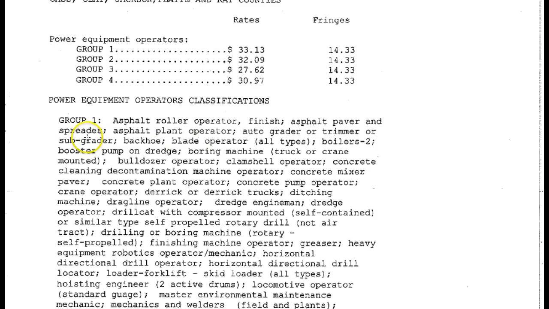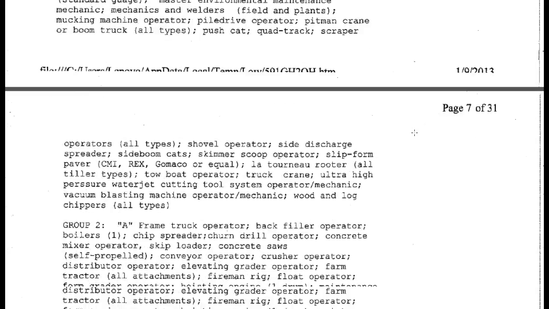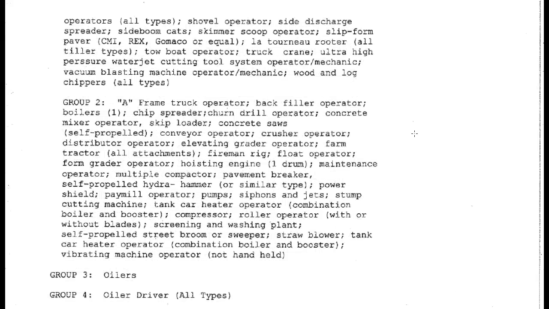Different types of equipment for someone who runs the asphalt paver. Group 1, they're going to be paid a minimum of $33.13 an hour, and they're going to have a fringe of $14.33 an hour.